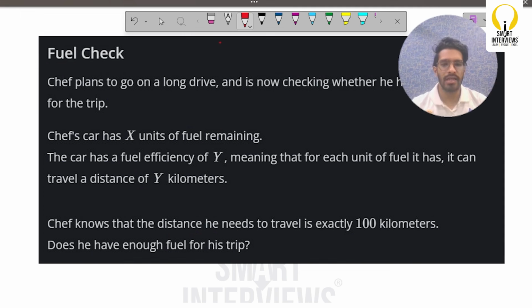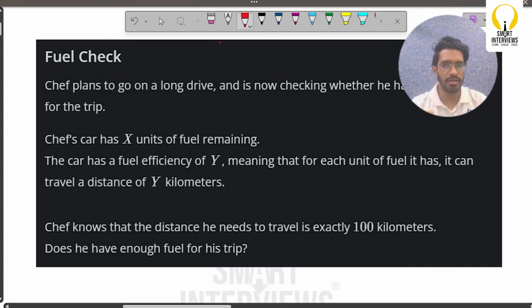Distance is exactly 100 kilometers. It will never change. Chef always travels 100 kilometers. All you have to do is take the help of X units of fuel and Y units of kilometers and figure out if Chef can travel 100 kilometers or not. I guess the problem statement is clear.